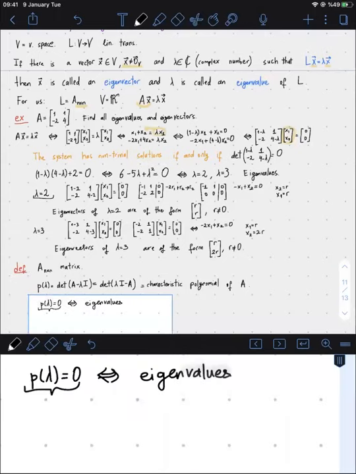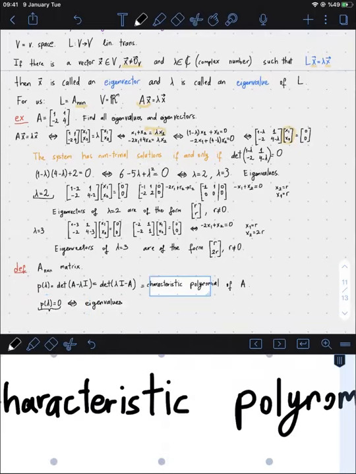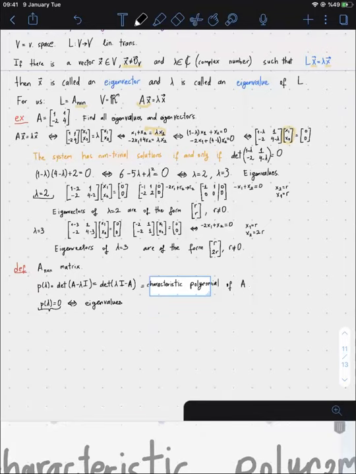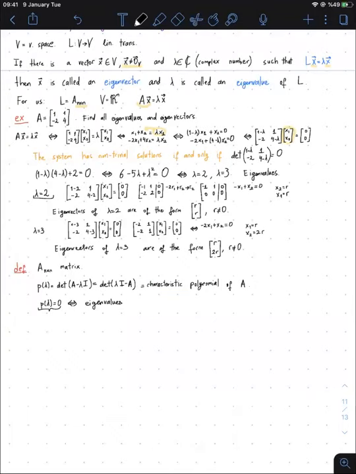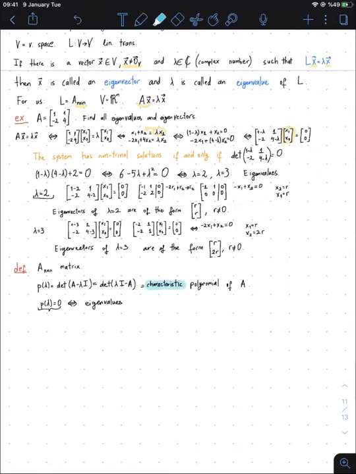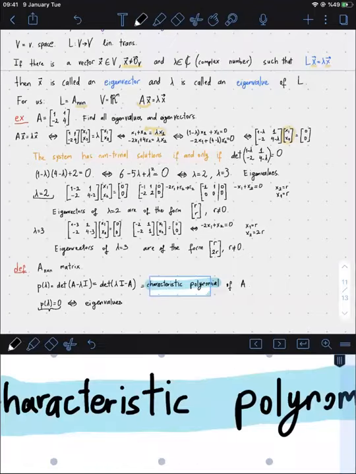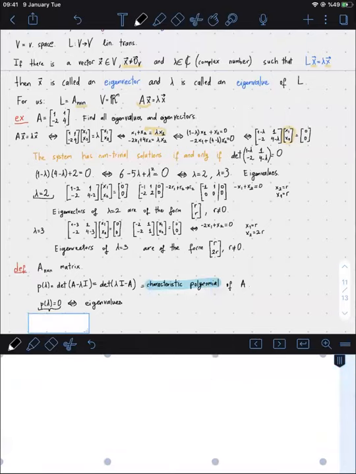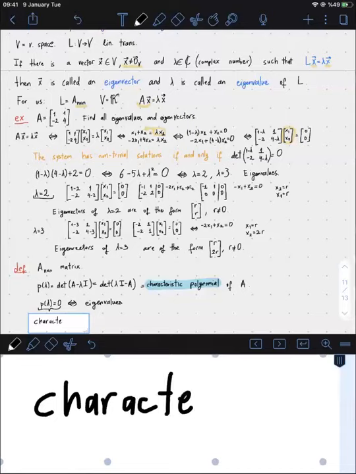So maybe I should color these things. So this is the characteristic polynomial, and we also have the characteristic equation.